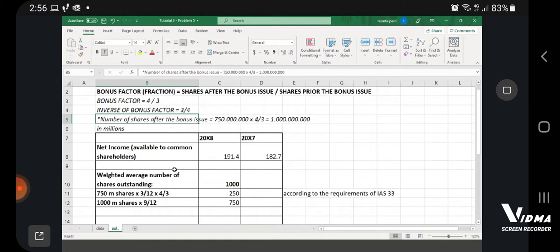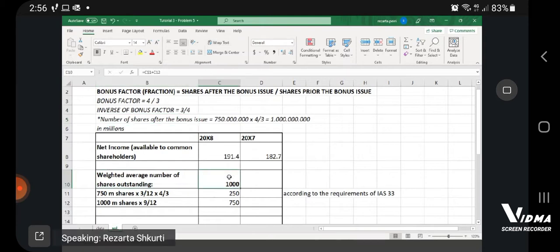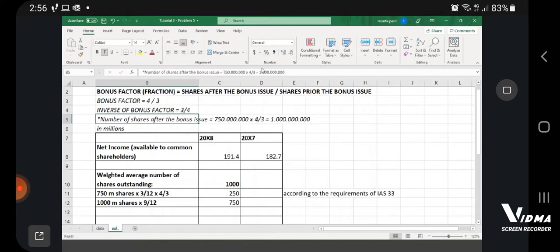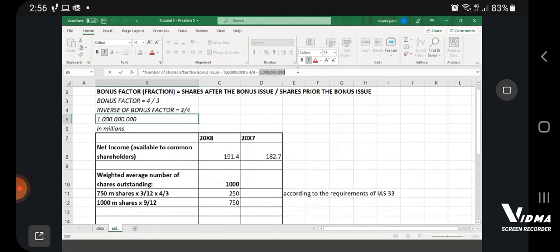So actually what we do when we take into account the bonus factor is that for the current year, when the bonus is issued, the weighted average number of shares will be the same as the number of shares at the end of the period after the bonus issue: 1,000 million, or 1 billion shares.